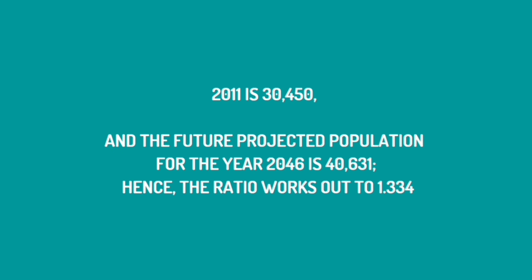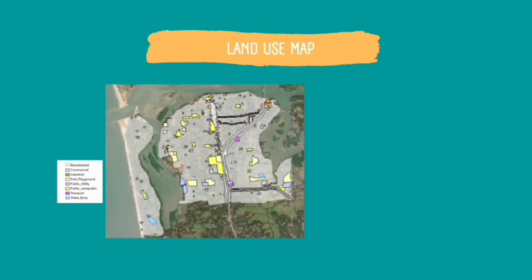So let's learn about this. Now, this is a land use map. A land use map is generally a map which tells you how a particular area is subdivided into various kinds of land usage, whether the land there has been used for residential purpose, commercial, industrial, playgrounds, public utility, or anything.